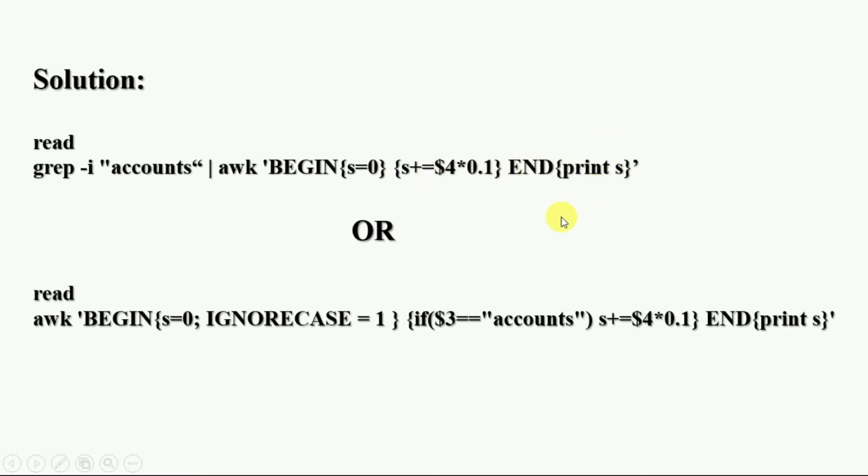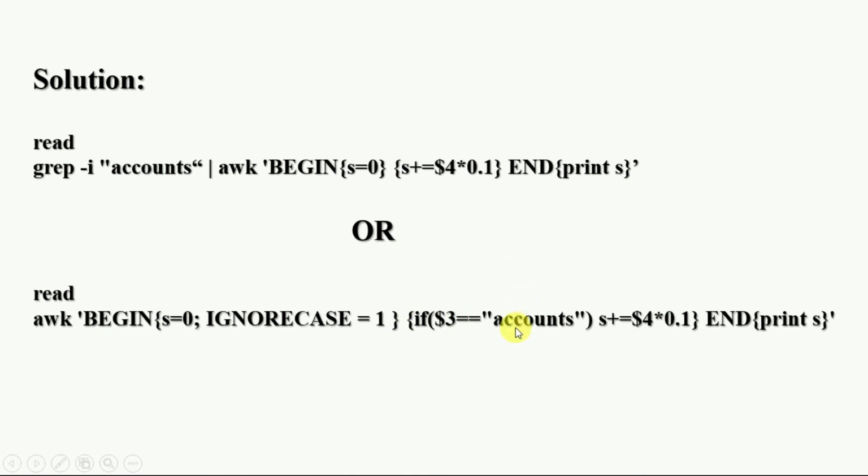We only need to display the total summation output, which is the amount needed to increase the salary of all employees by 10%. We can also use the IGNORECASE variable, which we already discussed. Start with awk in the BEGIN section, same as the above solution, s equal to 0 and IGNORECASE equal to 1 to ignore case sensitivity.